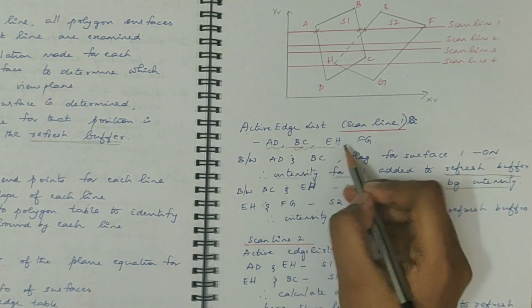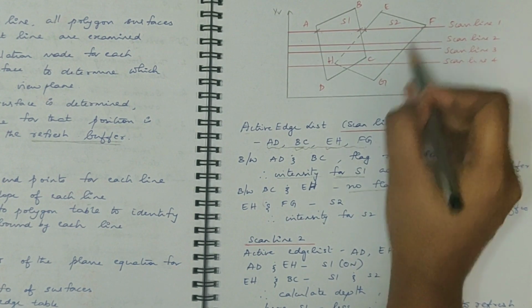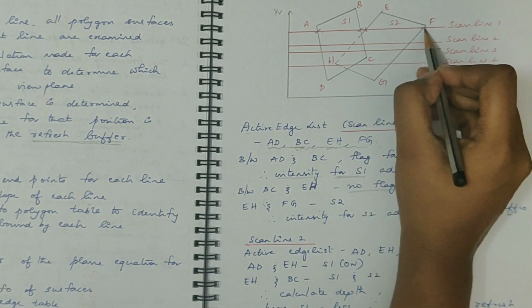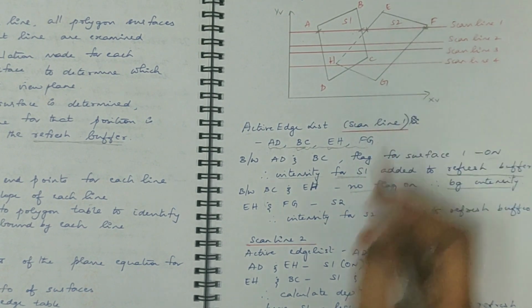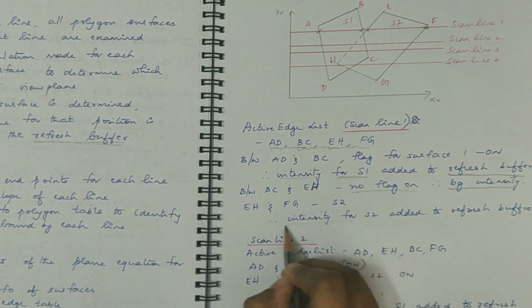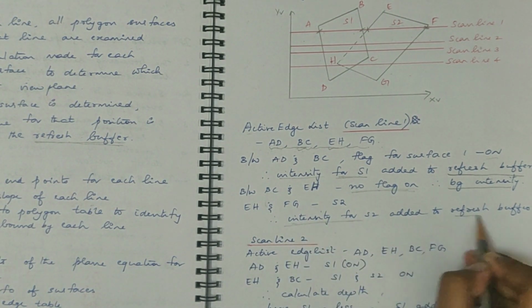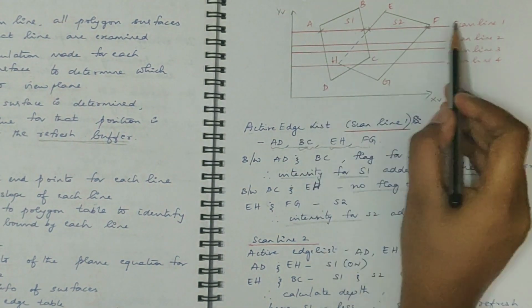And then the last pair you have is EH and FG. Between these two points, you can see that you only have one single surface, S2. The intensity for S2 will be taken from the polygon table and added to the refresh buffer. Okay, so that is for scan line 1.